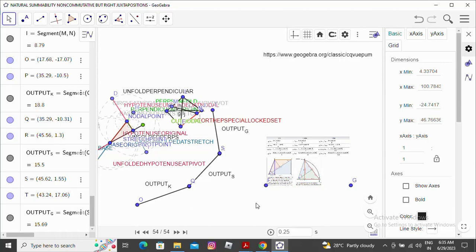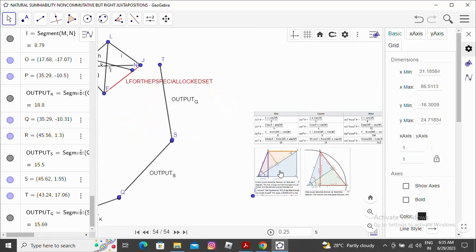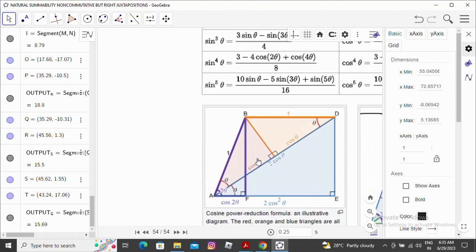These kinds of things are very interesting subjects. Suppose here with these images we can say that 1 into cos theta and 1 into sin theta into cot theta, which is cos theta, are naturally collinear, forming 2 cos theta, because we don't have to change this one or make any copy of it to get this output line segment.